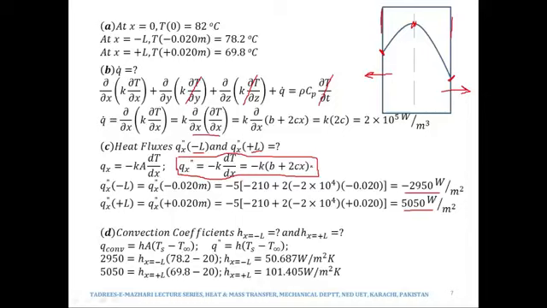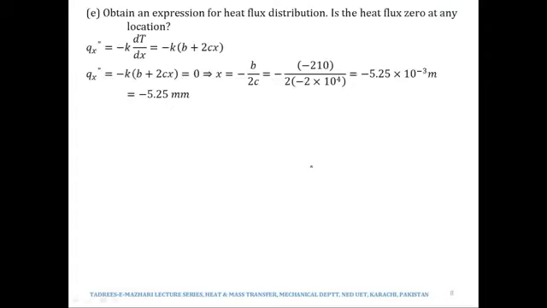Now we need to find out the location where this heat flux is zero. They are asking, is there any location where this heat flux is zero? So if we are to find that out, all we will do is equate this heat flux to zero. We will equate minus k times B plus 2Cx to 0.